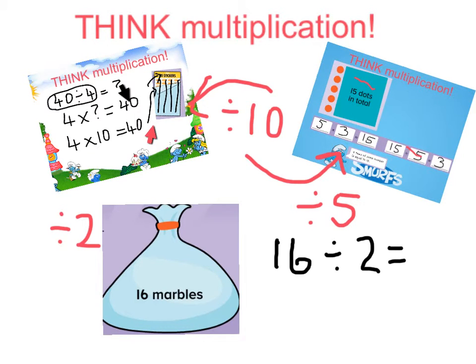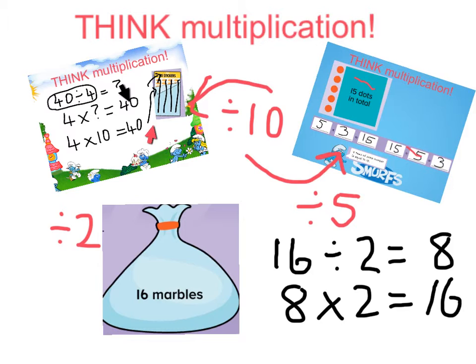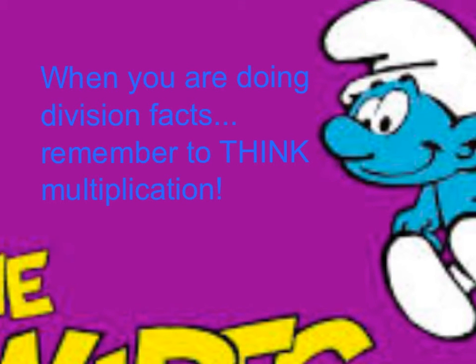Well, half of 16 I know because I know my doubles fact is 8. So this could also be written as 8 times 2 equals 16. So whenever you're dividing by 2, it's the same as finding half. So if you know your doubles facts, you'll be able to divide by 2 really easily. And remember kids, when you're doing division facts, remember to think multiplication.